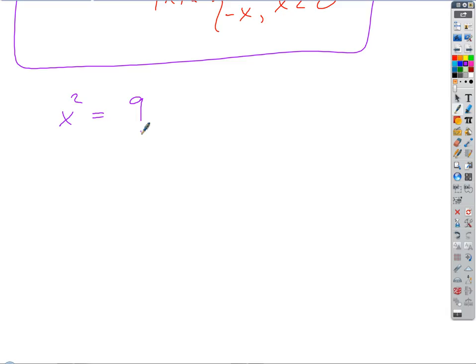Plus or minus 3, good. But the reason we get that plus or minus 3, remember, is the missing steps. We don't have to show this work every time. But if I square root both sides, that's really my first step. And what did we say the square root of x squared was? Absolute value.